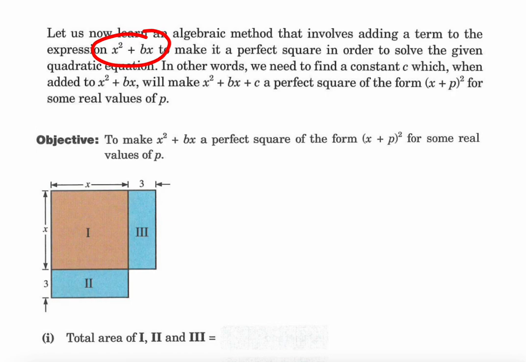And then you're going to have to find a constant c, which you can add to make it into x squared plus bx plus c format and create a perfect square so that later you can figure out the two binomials. Okay, so let me give you an example.